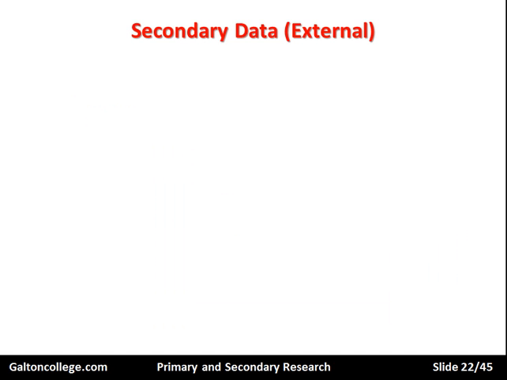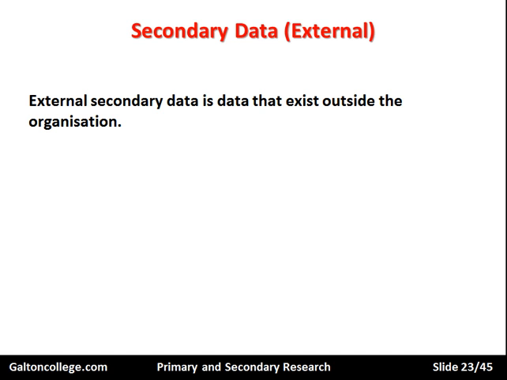Now let's move to external secondary data. This is simply data outside of the organisation, and as I mentioned earlier, one of the key sources could be government reports and government statistics. It could be local authorities, it could be the Chamber of Commerce or the Institute of Directors or some trade association. There are many sources, secondary sources of data.